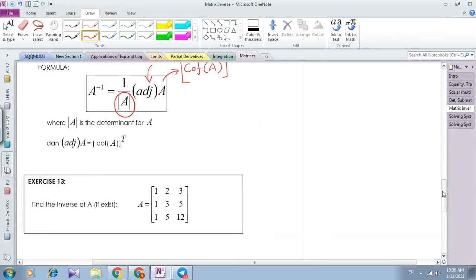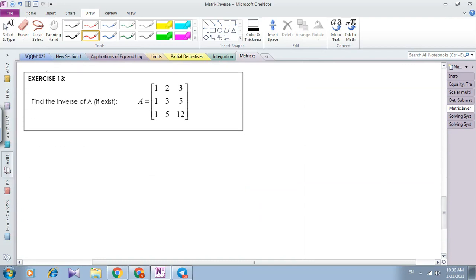Find the inverse of A. Hopefully it exists. In order to check whether it exists or not, step 1, we must find the determinant. Once again, let's use the first row and let's write the positive and negative signs here. Positive, negative, positive. So what is the determinant of A?